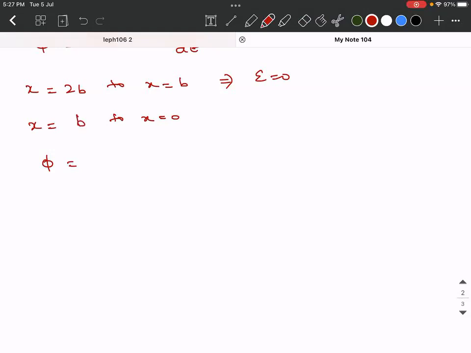What is the flux? It is B into L into x. So EMF will be equal to minus d phi by dt. Again, it will be minus B into L into. Okay, you took it like that. So here what will happen is the polarity will change. Okay, you want to take this as minus, then this will become plus.